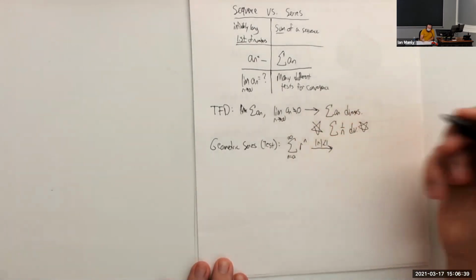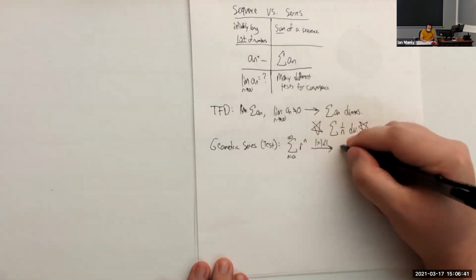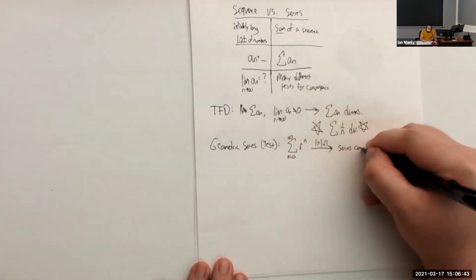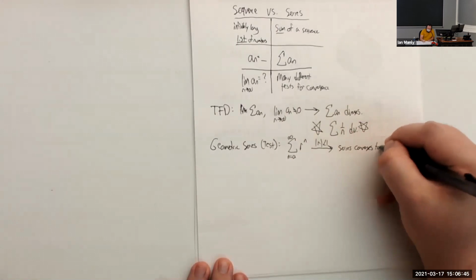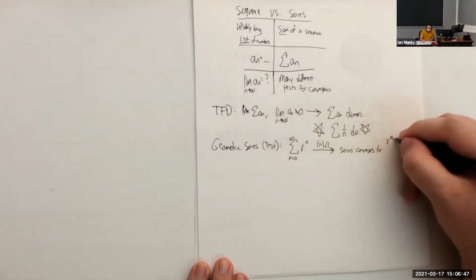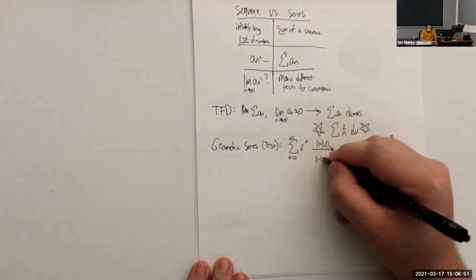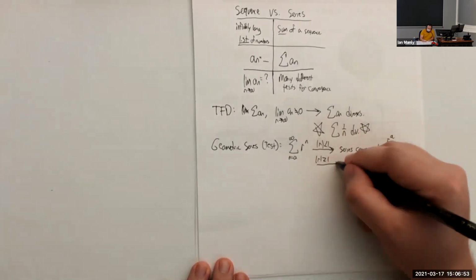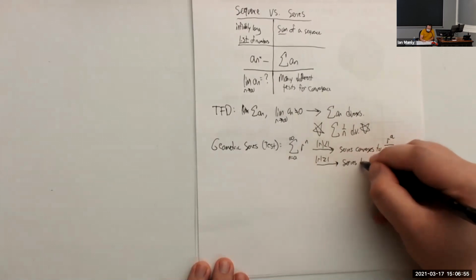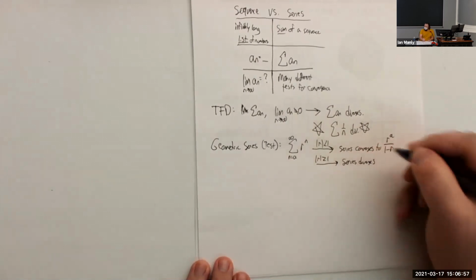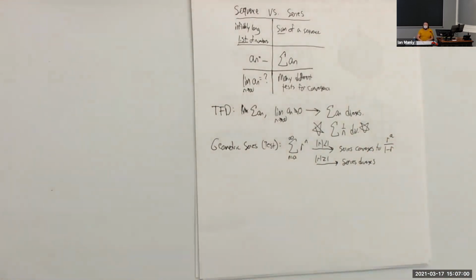If the absolute value of r is less than 1, then the series converges to r to the a over 1 minus r. But if the absolute value of r is greater than or equal to 1, then the series diverges. So remember, geometric series are one of the few series that we can actually find the sum of, in addition to knowing if it converges or diverges.